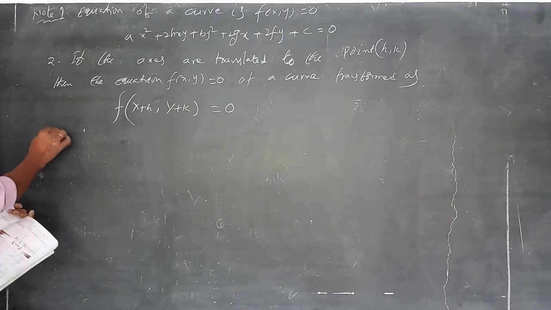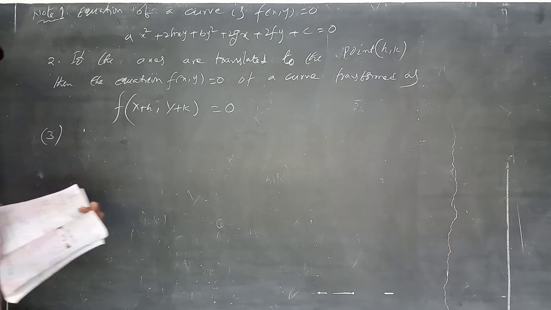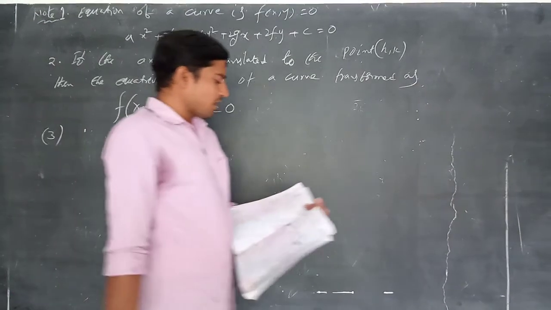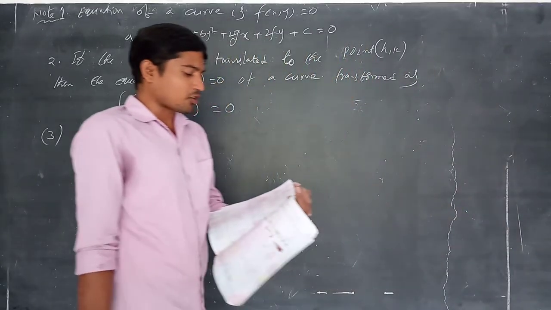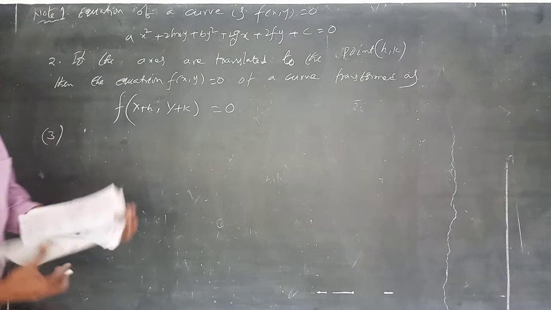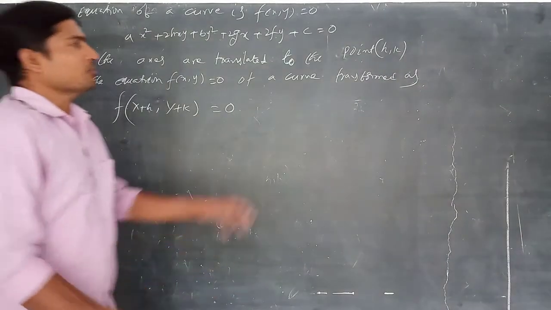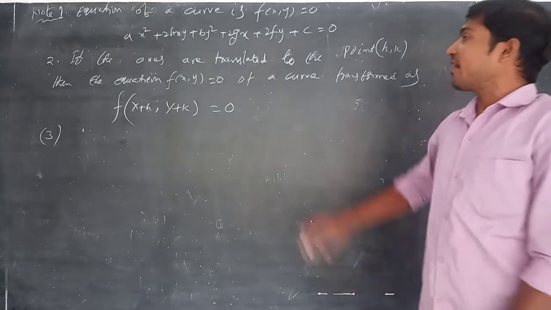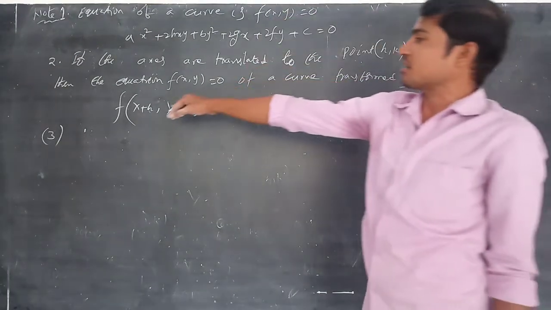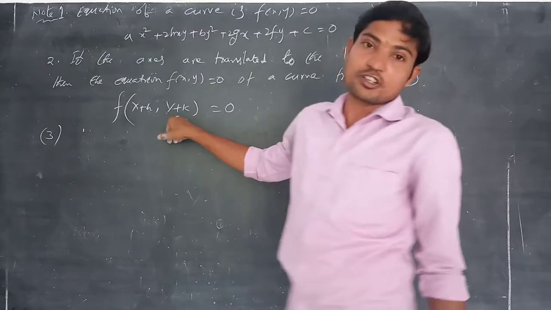Suppose f of x comma y equal to 0 is transformed to the equation of the curve and the axes are translated to the point h comma k, then the original equation of the curve. Already here the axes are translated to some other point, then the curve has been transformed as f of capital X plus H comma capital Y plus K equal to 0.